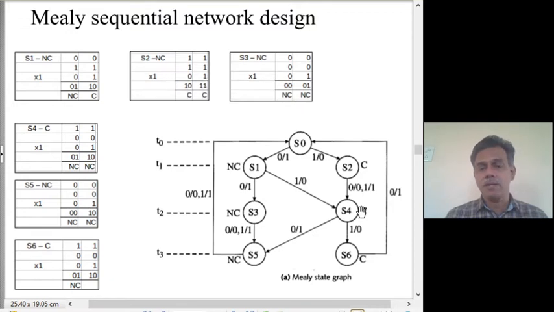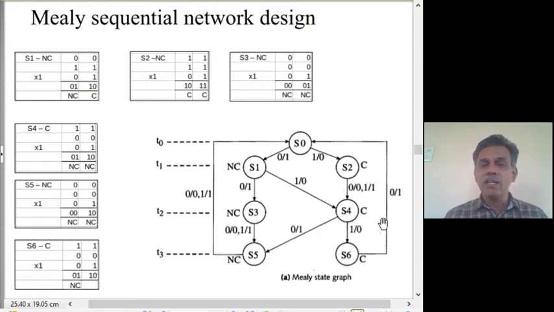Both are written here. You may wonder, from S1 also we went to S4, S2 also we went to S4. Yes, that is what we have to do, because the essential information that we need to remember is how many bits have been processed and whether a carry needs to be handled.